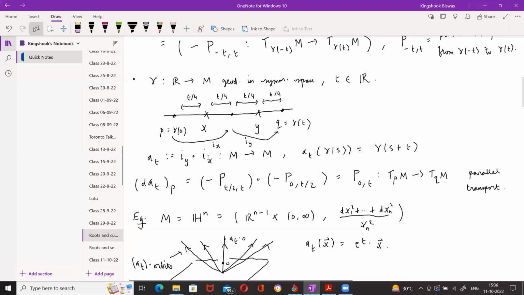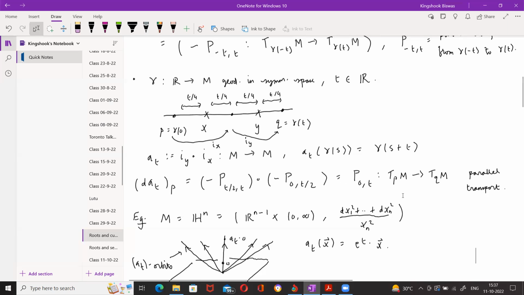Now, what is the derivative of IX? This is minus parallel transport from gamma 0 to gamma t by 2, composed with minus parallel transport from gamma t by 2 to gamma t. So the composition just becomes parallel transport from gamma 0 to gamma t. Is this clear?